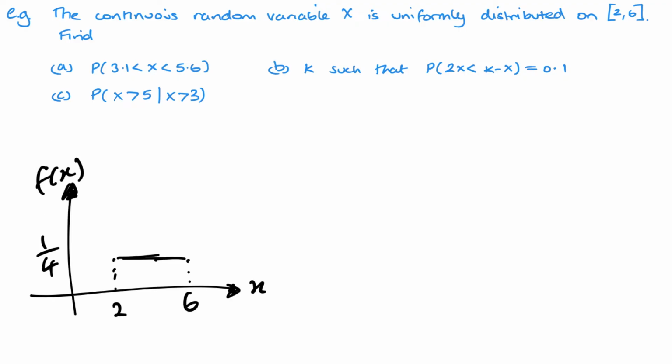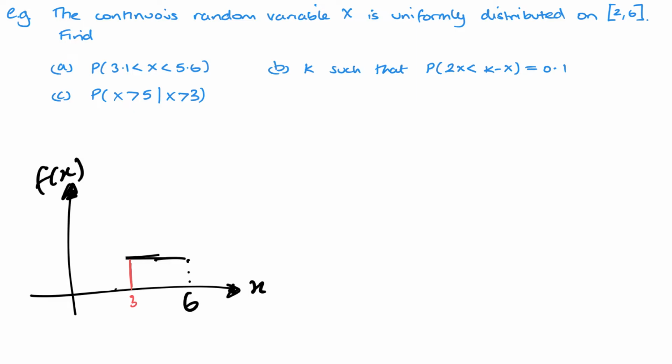Now, x is greater than 3. We know that happens, it has to happen. So what we're basically doing is eliminating the rest of this probability. It's no longer between 2 and 6, it's now between 3 and 6, which also means that won't be a height of 1/4.